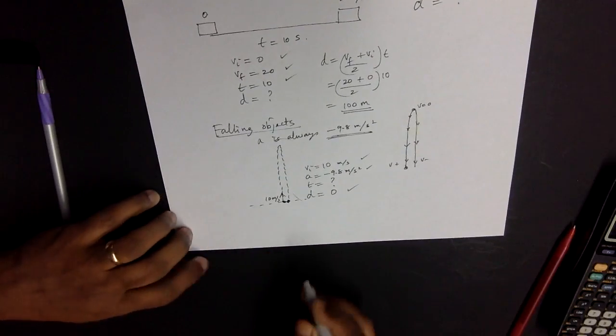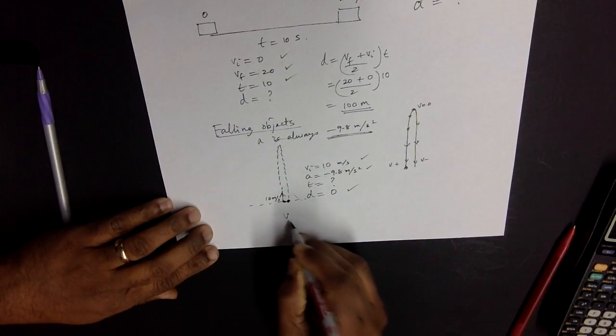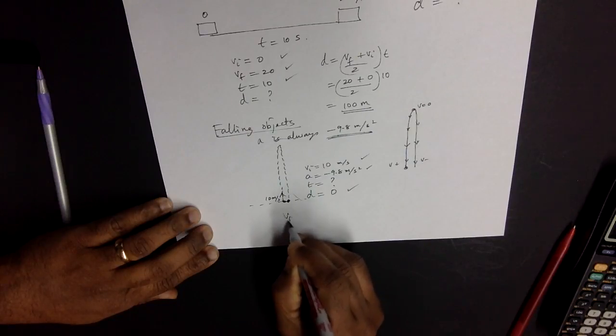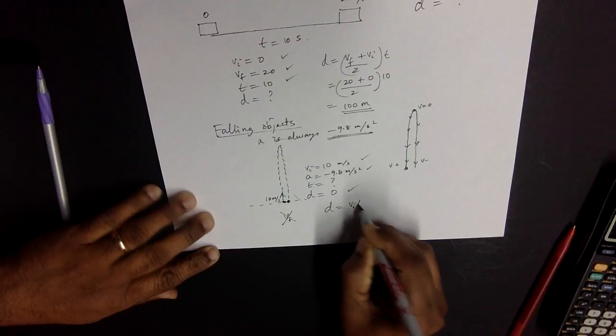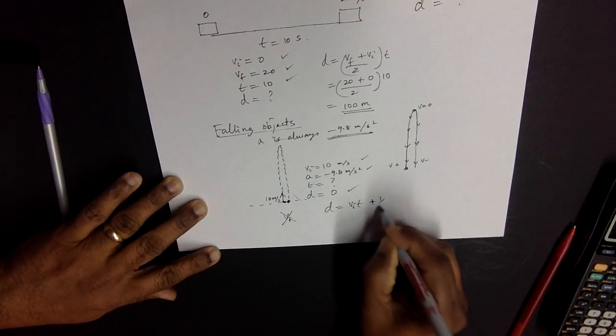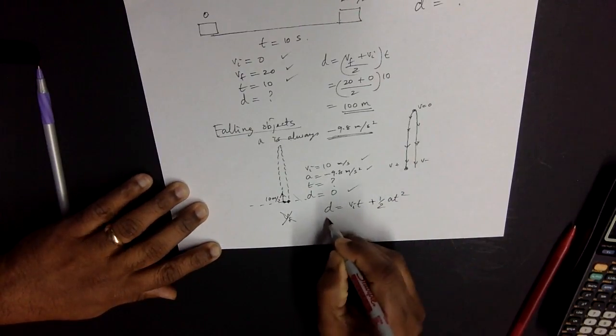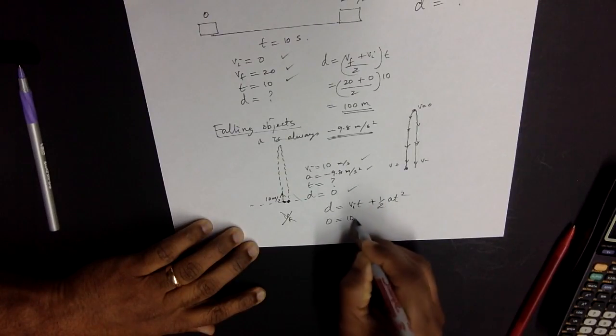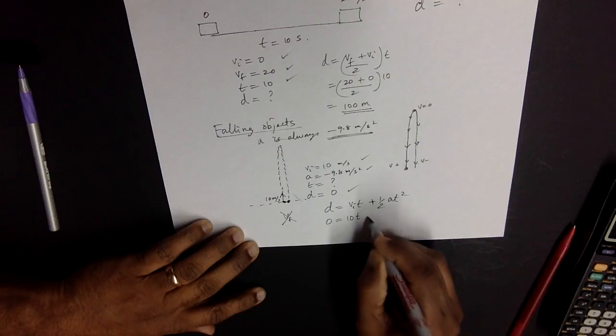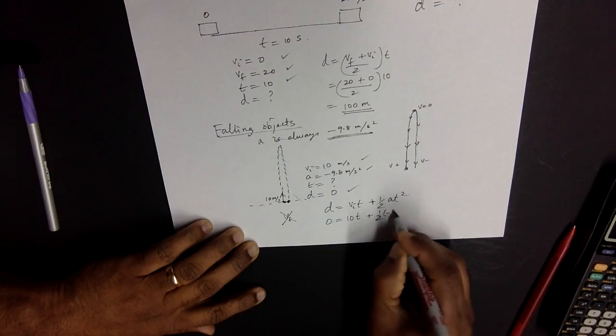So final velocity is not there. And so we pick up d is equal to VIT plus half AT squared, and 0 is equal to VIT, so it's basically 10t plus half negative 9.8 and then t squared.